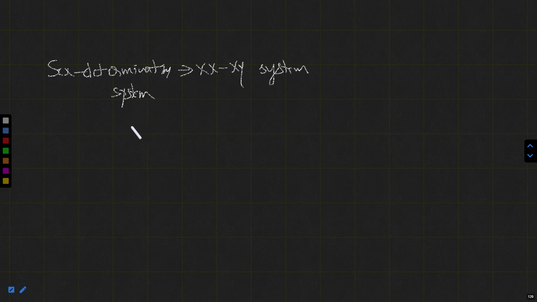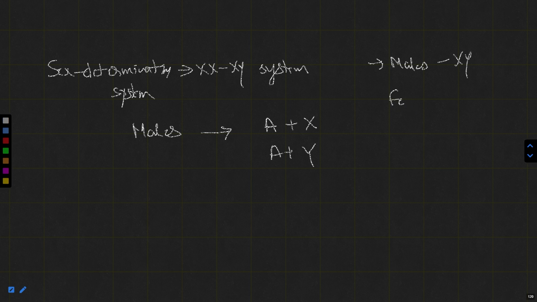All right. If we talk about the males, they produce two kinds of gametes. We know that we have the autosomes and we have the sex chromosomes. A represents the autosomes, and along with it, one will be the X. Males are XY and females are XX.